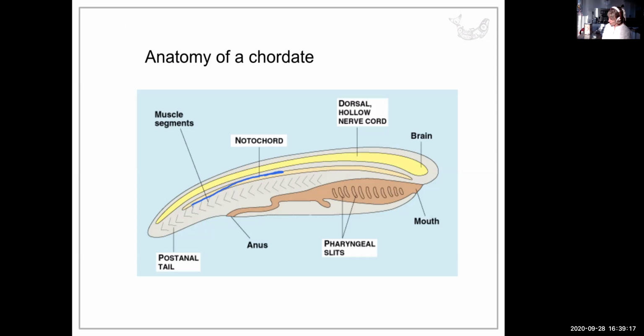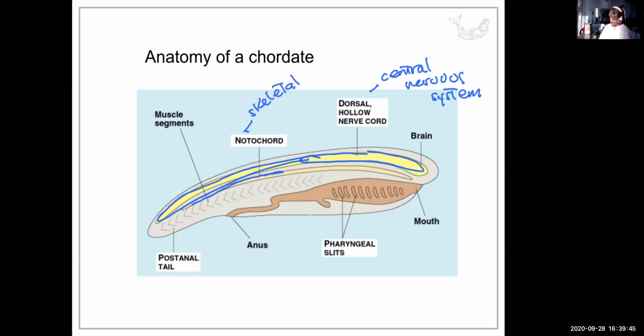The other feature is a dorsal hollow nerve cord. So that develops from ectoderm, and it develops into the central nervous system. So I should write that down somewhere. Central nervous system. And the notochord develops into a skeletal system eventually.